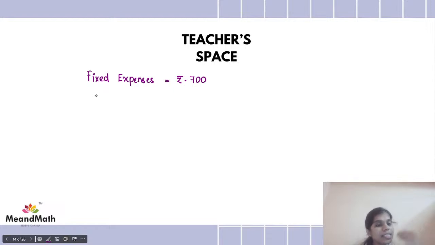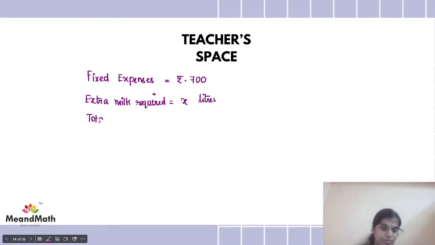For the extra milk required, it equals x liters. Total expenditure, they said, should be Y. This is also given information, right?